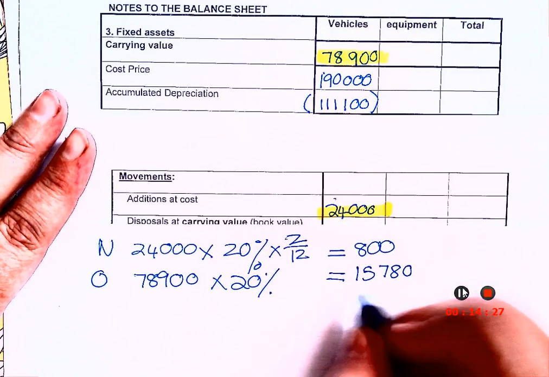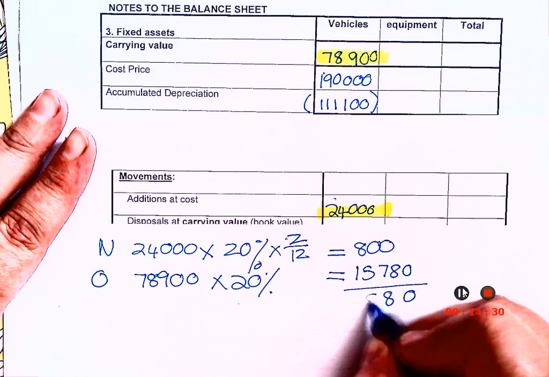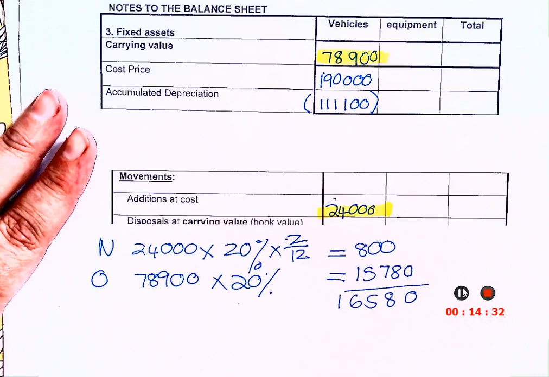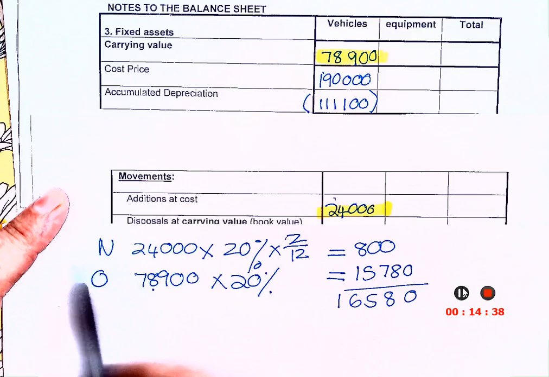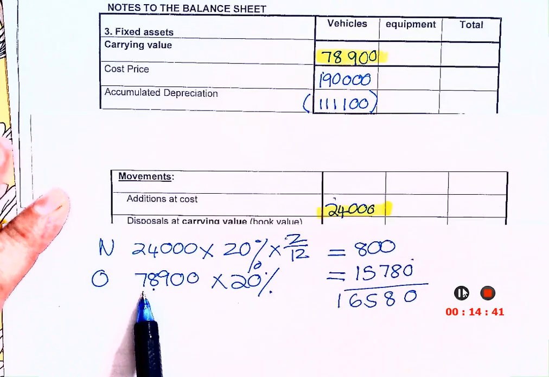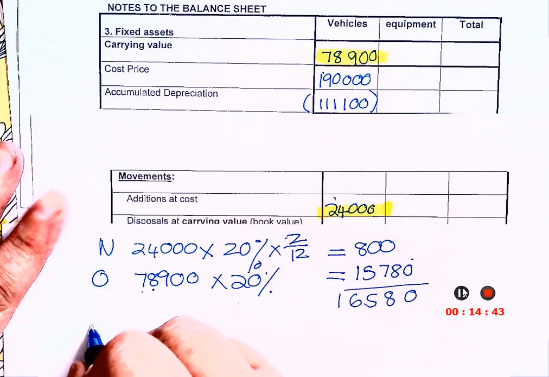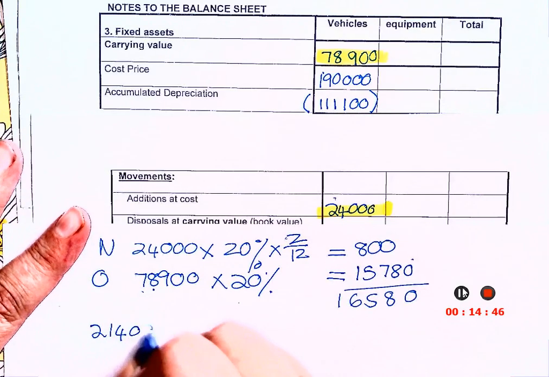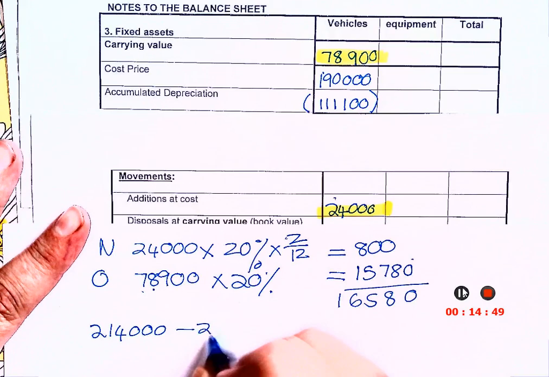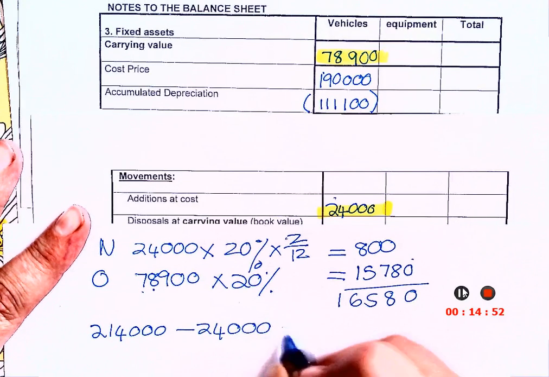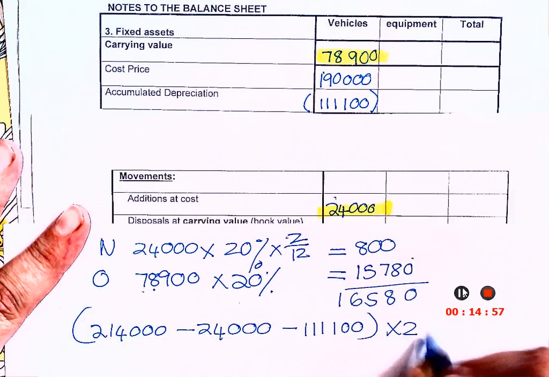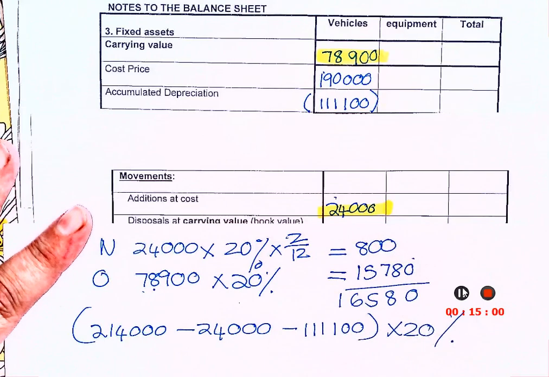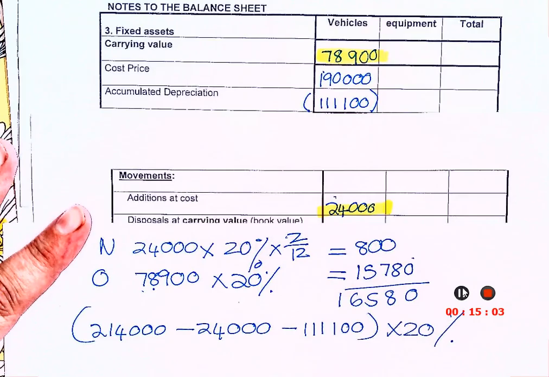Now the total. If you didn't do note 3, the new one is easy. The old one, you will take the closing less the purchase, less the accumulated, and then you times with 20. Be sure that you can do it like that, that you don't have to go and do the note every time.